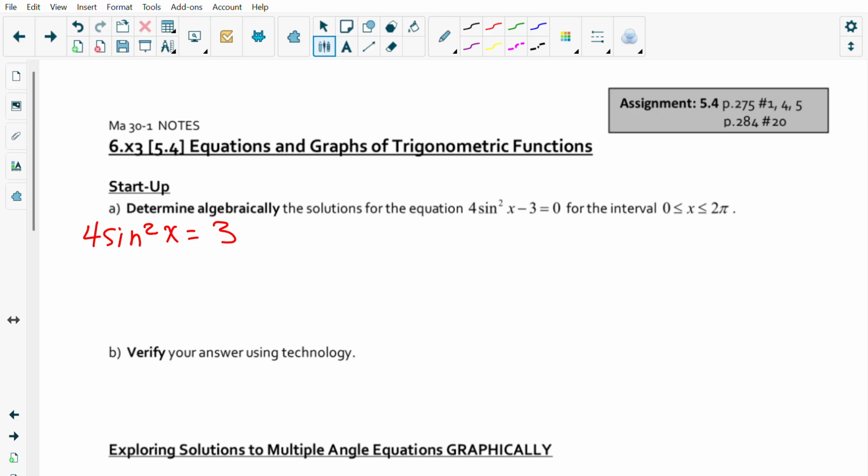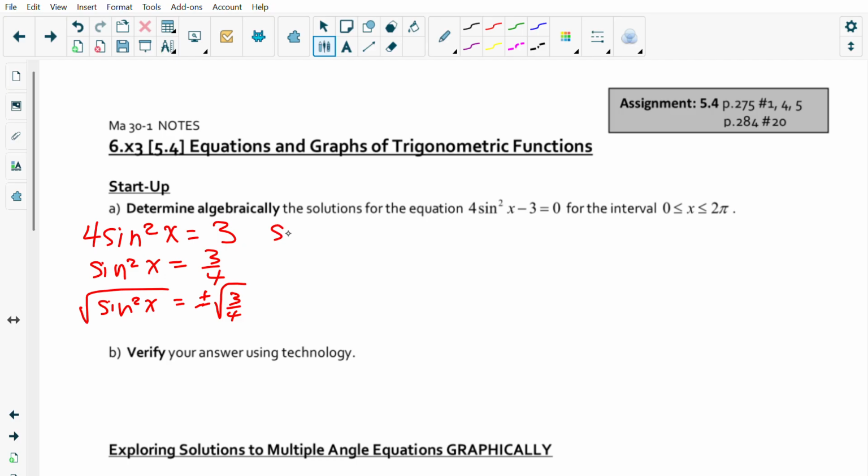I'm going to add 3 to both sides. Let's divide both sides by 4. Sine squared of x equals 3/4, and I'm going to take the square root of both sides to solve for x. So that gives me plus or minus the square root of 3/4.